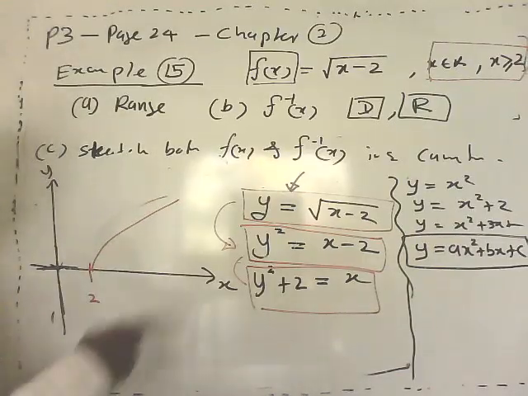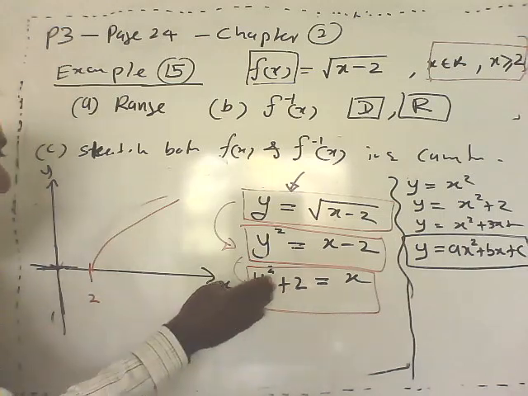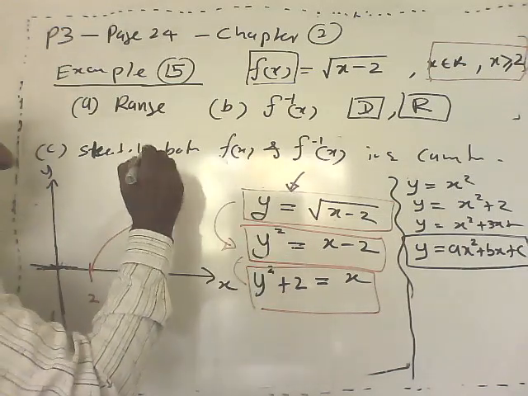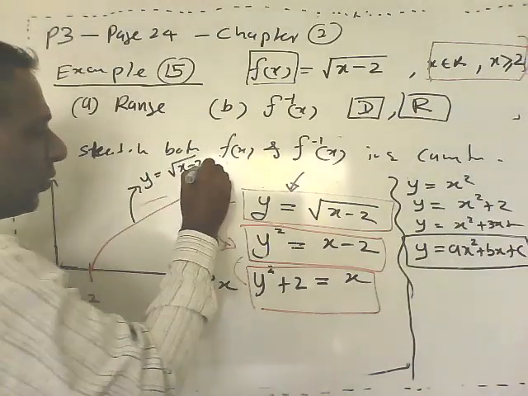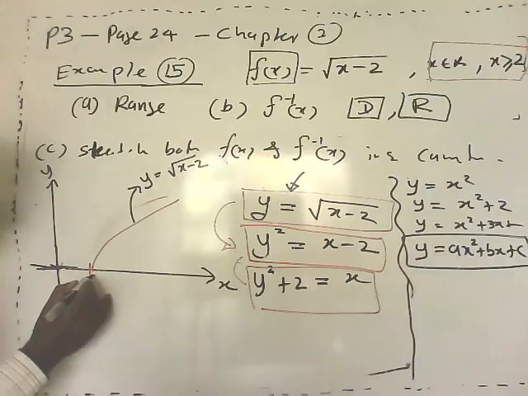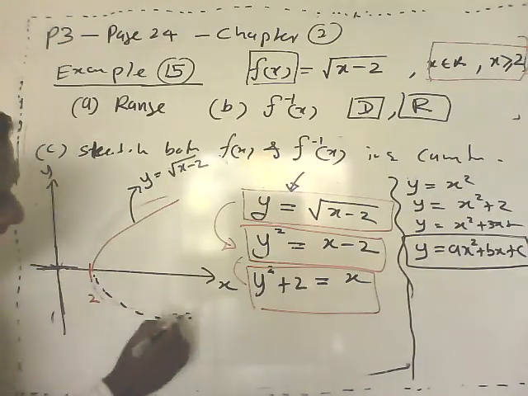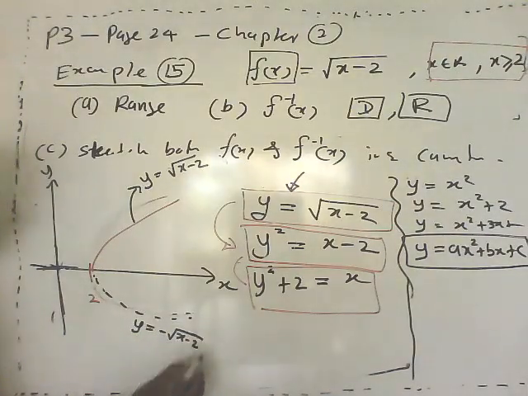Although it will look like a parabola if you take this type of equation, actually this is y is equal to square root of x minus 2. What I erased was y is equal to minus square root of x minus 2, because when we square this also, he gives this.